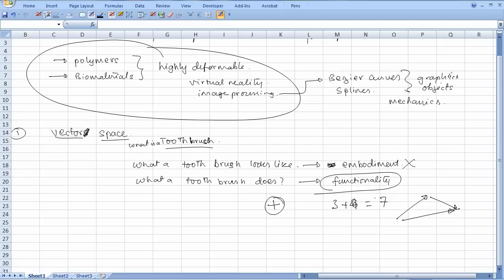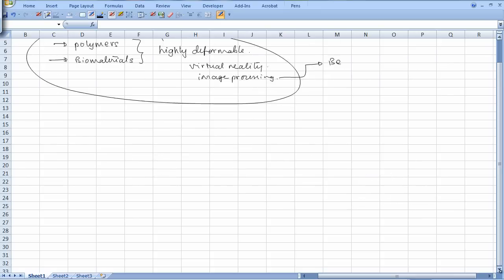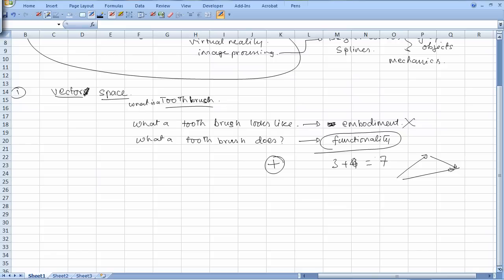So now we come back to what is meant by a vector space. So if I ask you what's a vector and you answered something with magnitude and direction, this is an embodiment. This is not functionality.